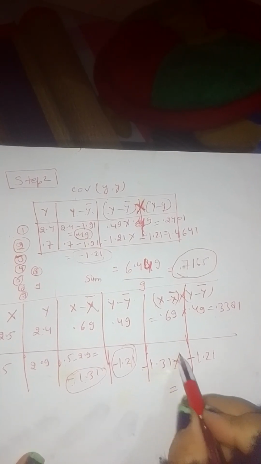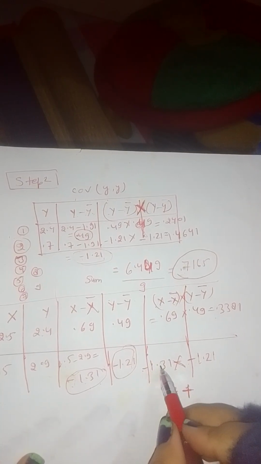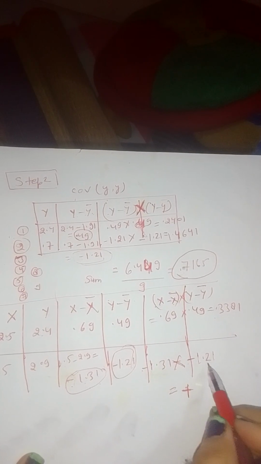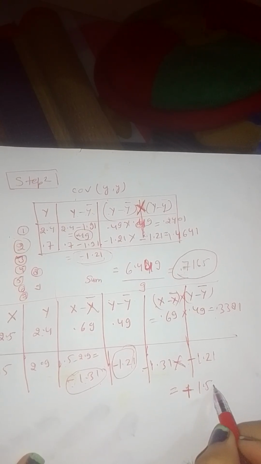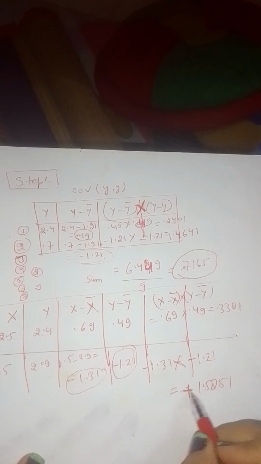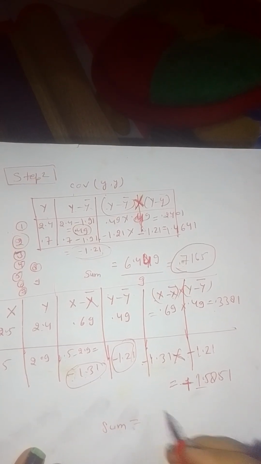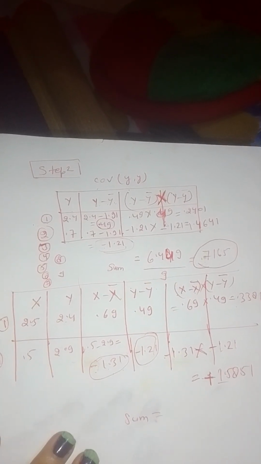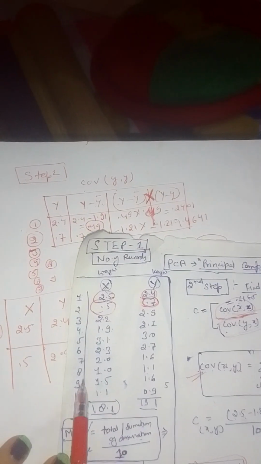Minus minus would be plus here, and after multiplication of 1.31 multiply 1.21, it would come as 1.5851. Likewise we will calculate the whole table for these 10 records.